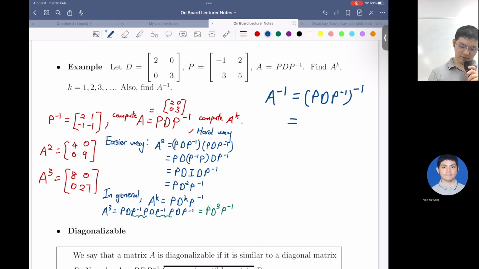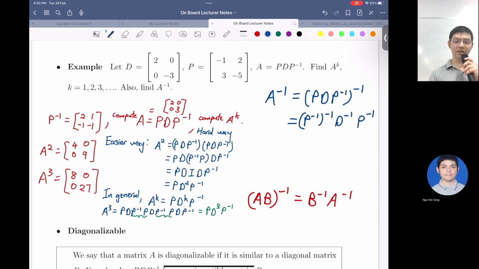How do you take the inverse? What is the inverse of AB? The inverse of AB is B inverse times A inverse. So you get P inverse inverse, D inverse, and P inverse.